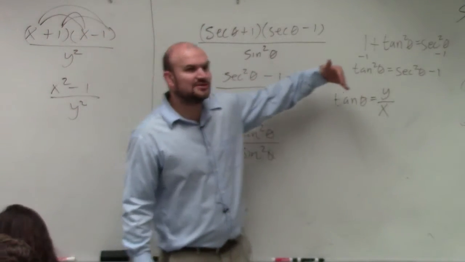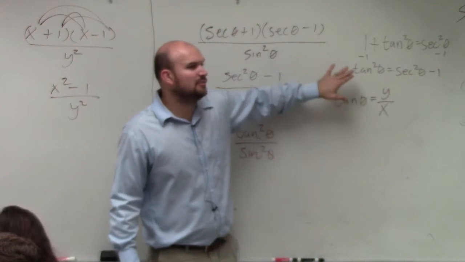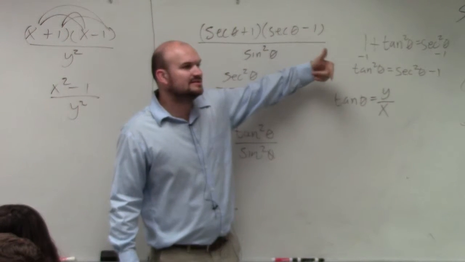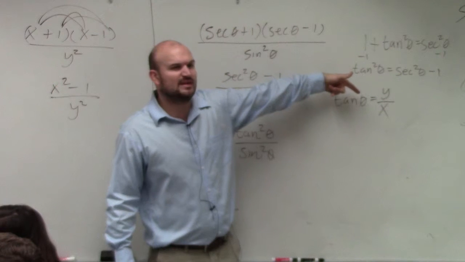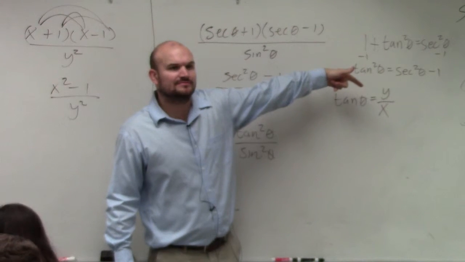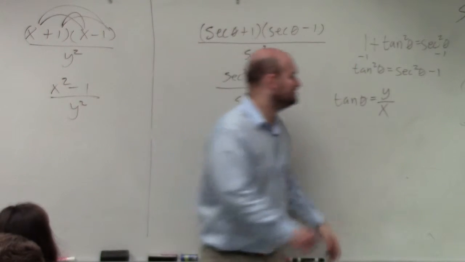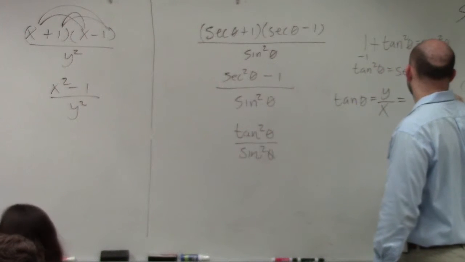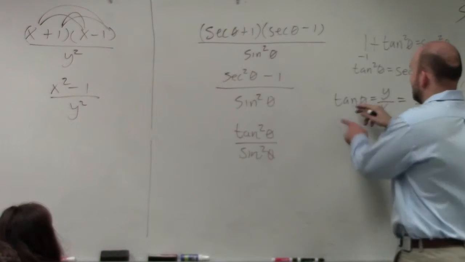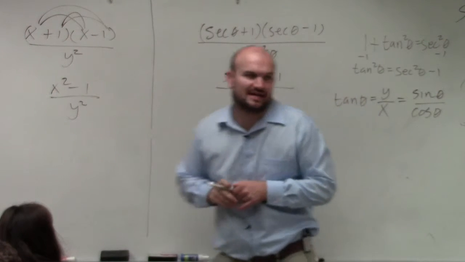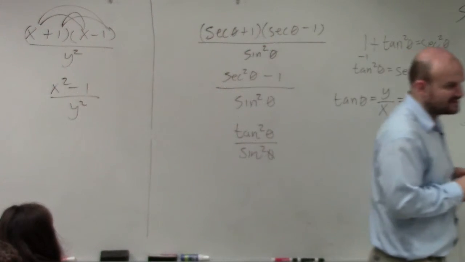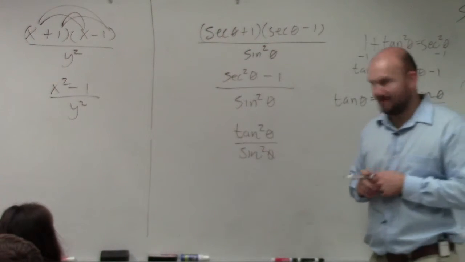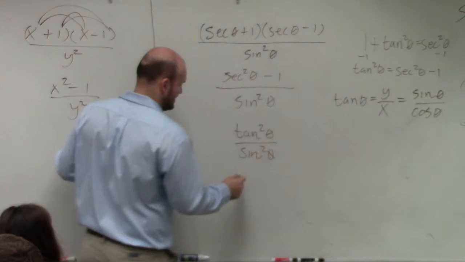But on the point on the unit circle, what represented y? Sine. And what represented x? Cosine. So would it make sense then to also say that the tangent of an angle is equal to sine over cosine? Would that make sense? OK, good, because that's what it means.